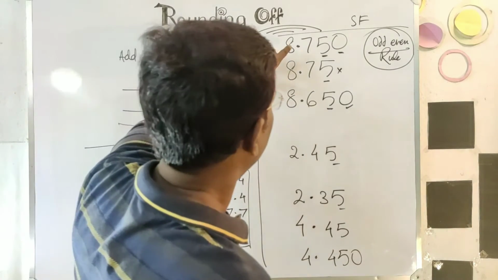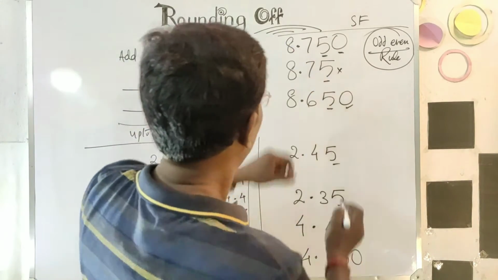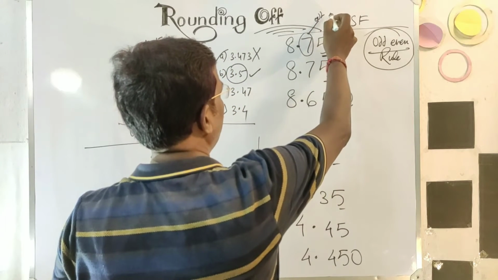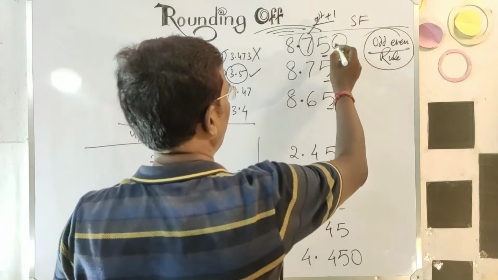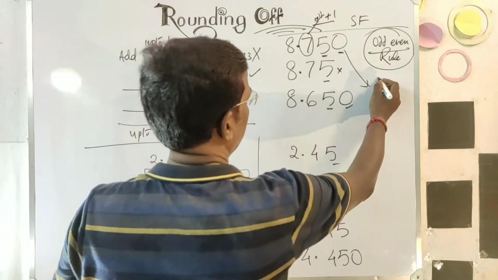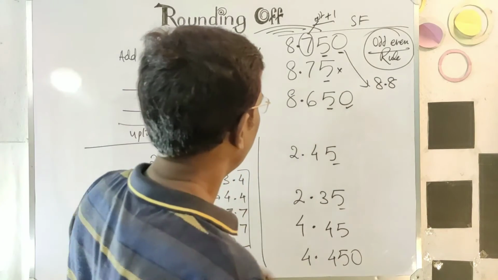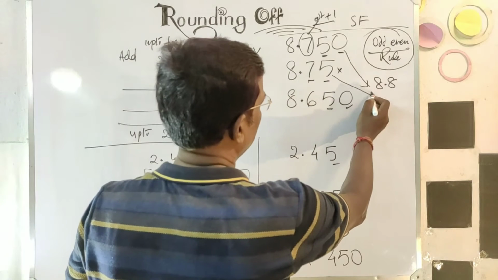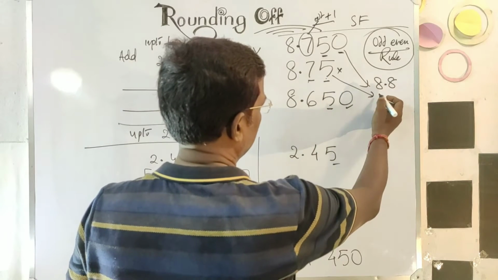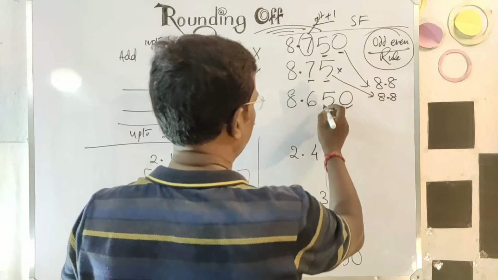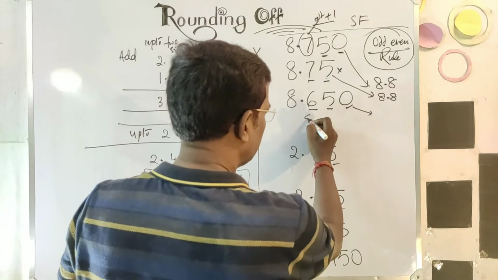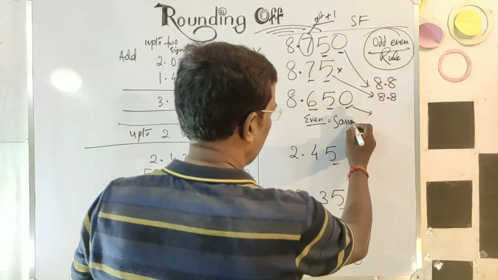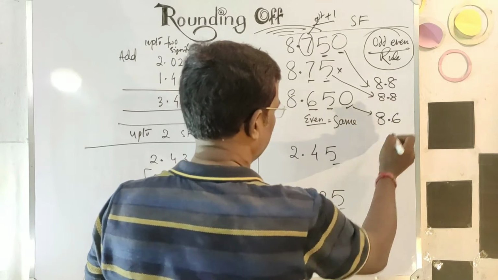Now here in this case, the number before 5 is an odd number. If there is an odd number, always add 1 to it, so it becomes 8.8 straightaway if there is 0 here. Now 8.7, this is again an odd number, and after 5 nothing is there, so 8.8, 1 will be added. Now here this is even, that's why it will remain the same, so the answer will be 8.6.